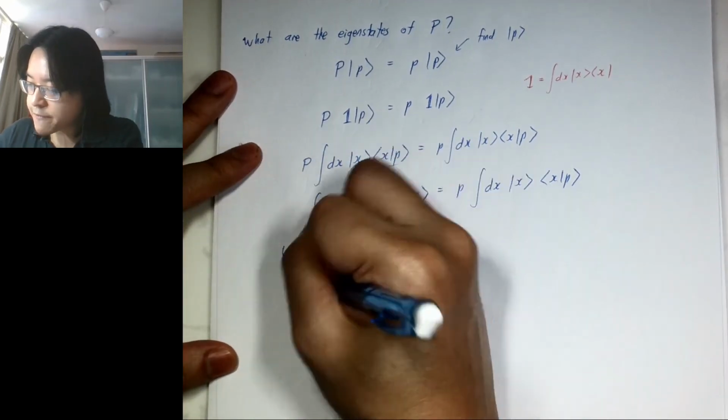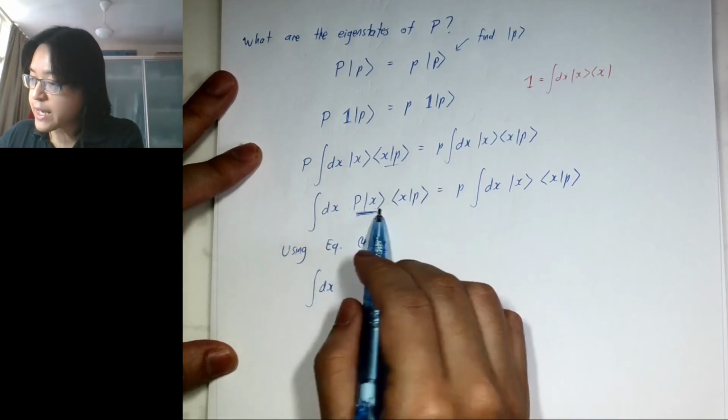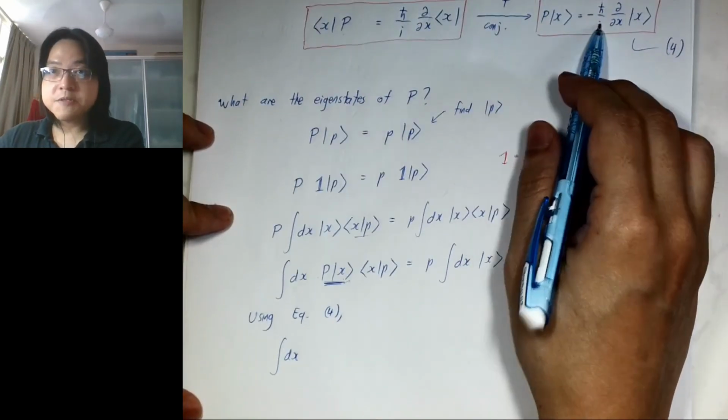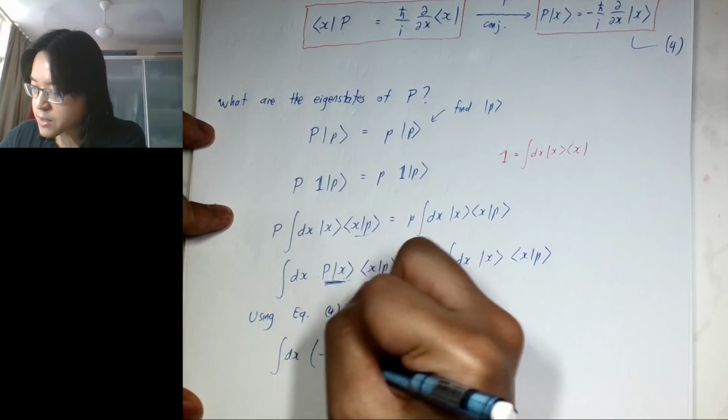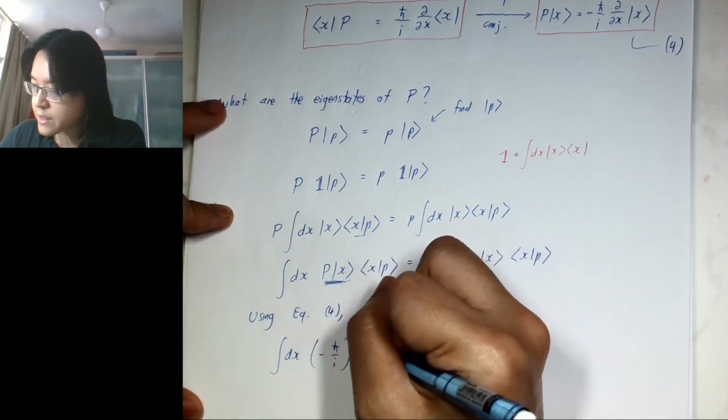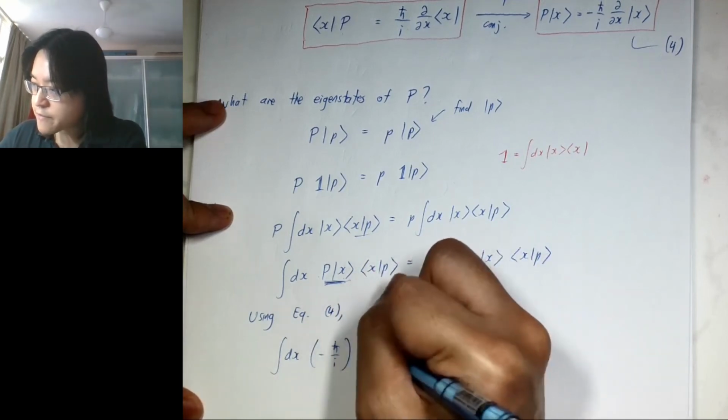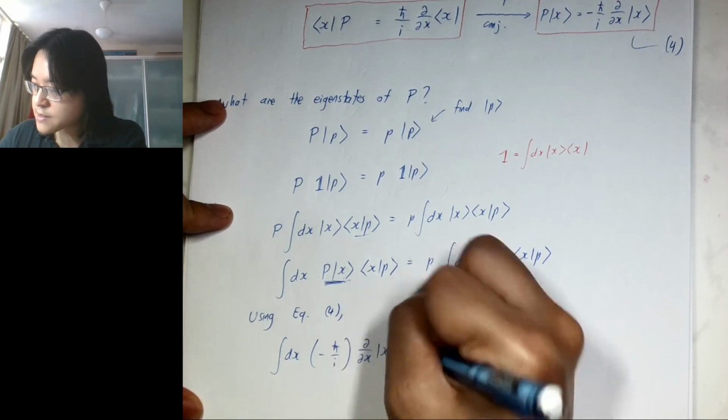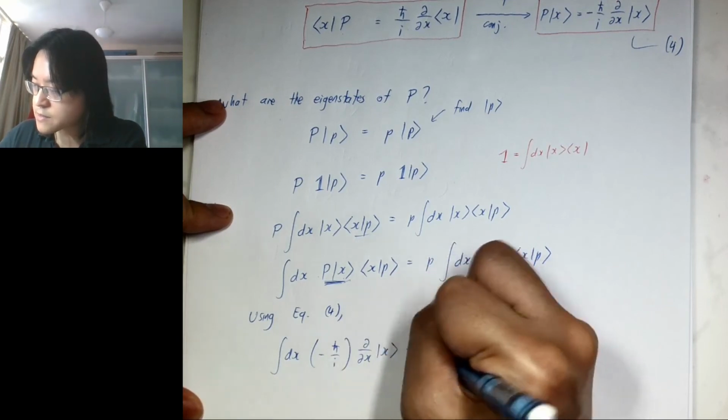what we have here is P acting on |x> gives me negative h bar over i, and then the derivative with respect to x, and then |x>.